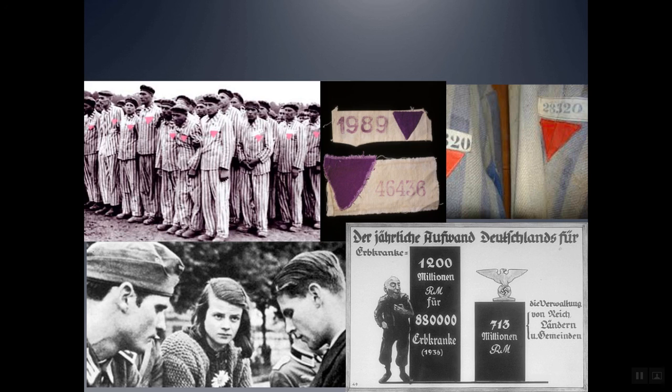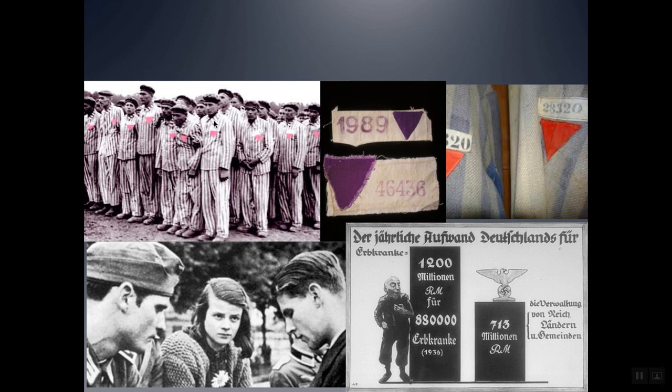This is just a few of them, but other political prisoners were taken to camps. Dachau was actually one of the first places that political prisoners were taken to. If you were a political opponent, somebody that fit into the perfect master race, but you didn't fall in line, you were given this red triangle. The purple triangle was for Jehovah's Witnesses, and then the pink triangle was for men that were suspected to be homosexual.